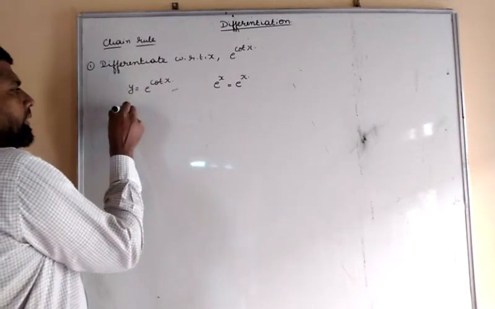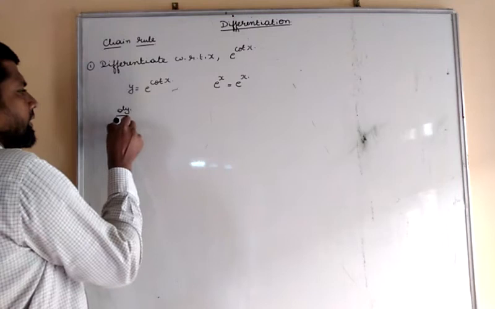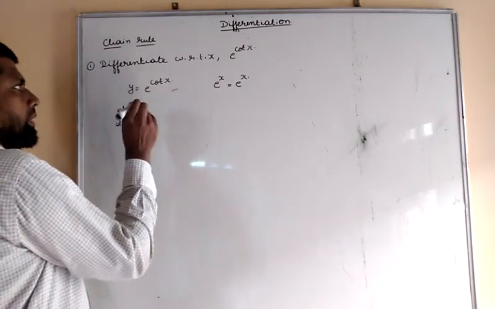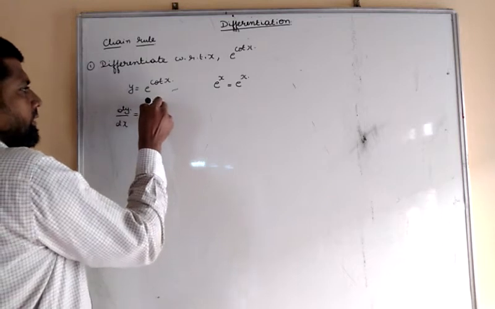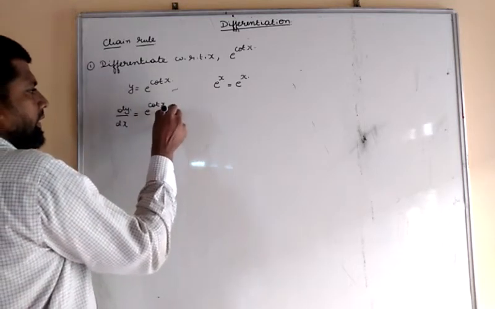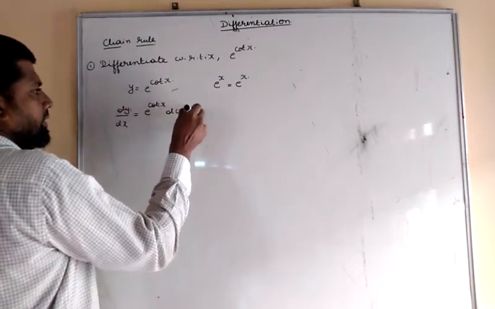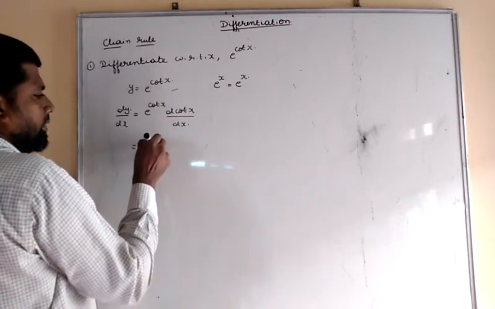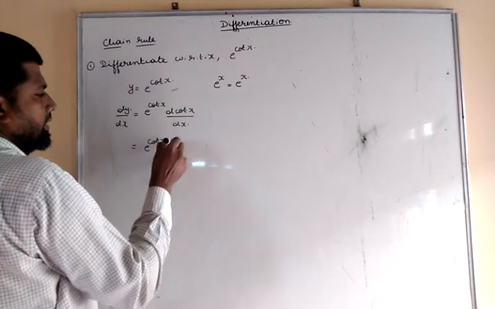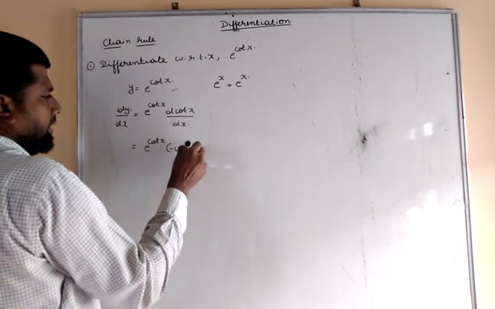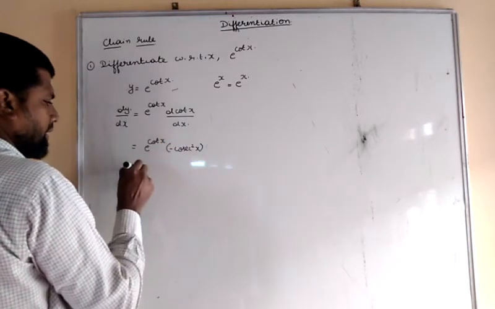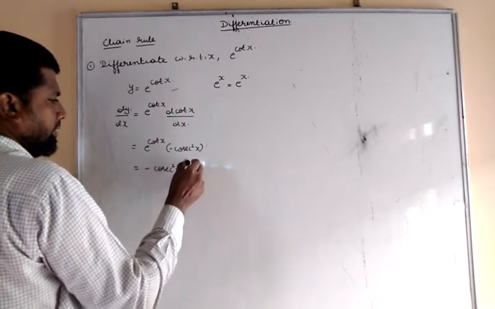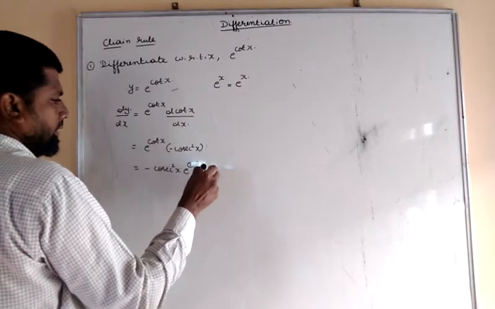Here in the place of x, cot x is given, so let us assume cot x is x only, but you have to write cot x. E to the power of cot x stays as e to the power of cot x, then again differentiate cot x, which is minus cosecant square x. So the answer is minus cosecant square x into e to the power of cot x.